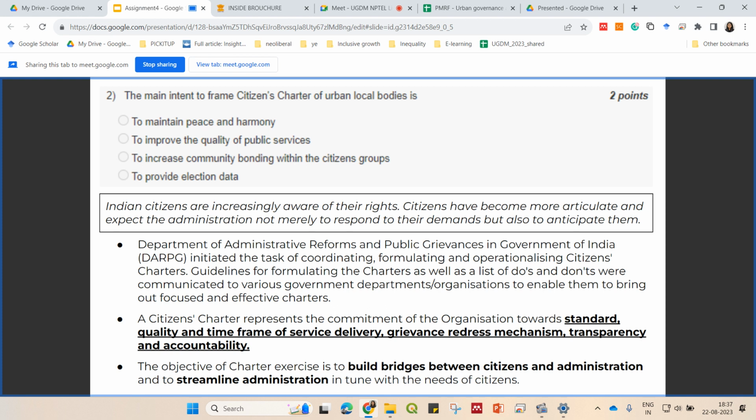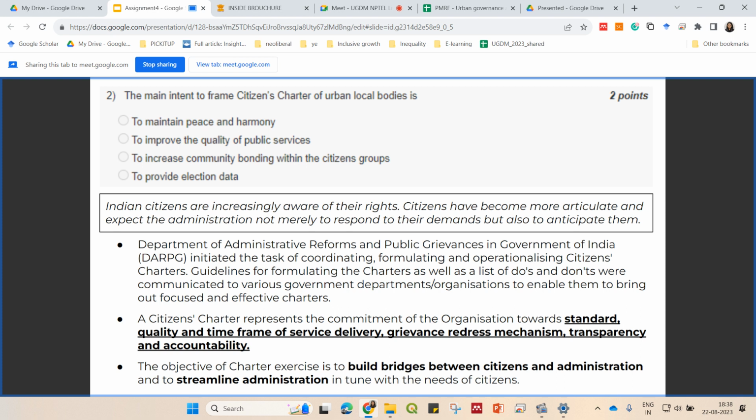The guidelines for formulating these charters, as well as a list of what should be done and what shouldn't be done, are communicated to the various government departments and organizations, and it guides them how to bring out focused and effective charters, which can guide the citizens to better understand the whole set of services and everything that should be delivered by the organization, in what time frame those should be delivered, what quality or what standard they can expect.